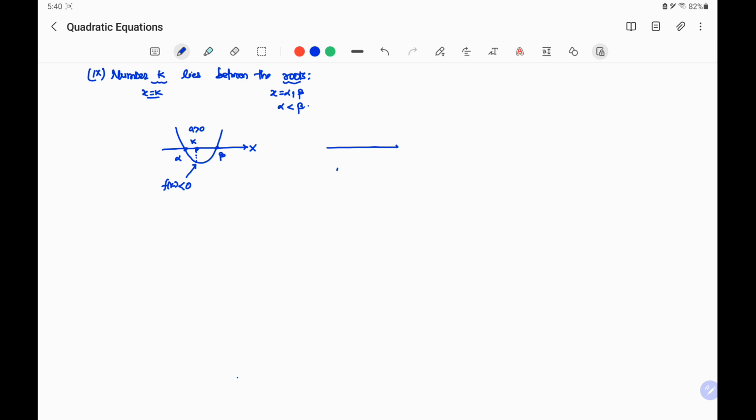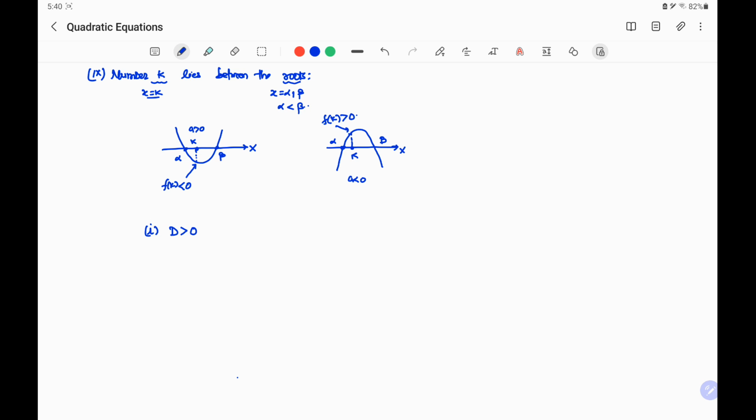Similarly, if the graph is downward opening, that means a is less than 0, it cuts the x-axis at 2 points alpha and beta. In between there is a point, say k, and the value of the function at point k will be fk, and from the graph we can say this fk is greater than 0. So the condition for a number k to lie between the roots is that the discriminant is greater than 0.